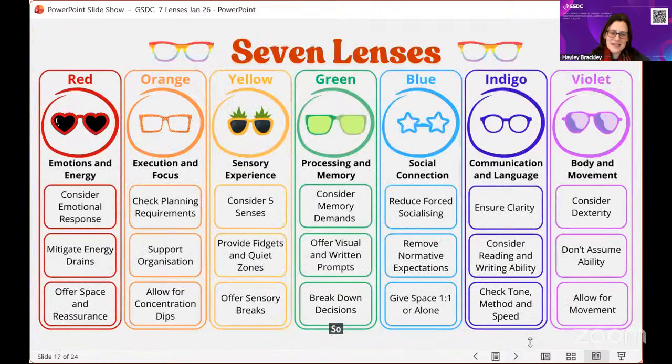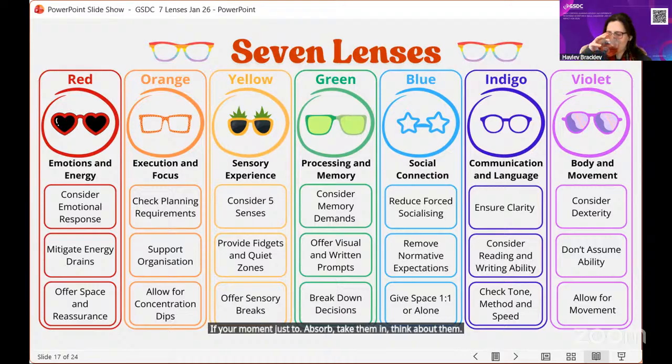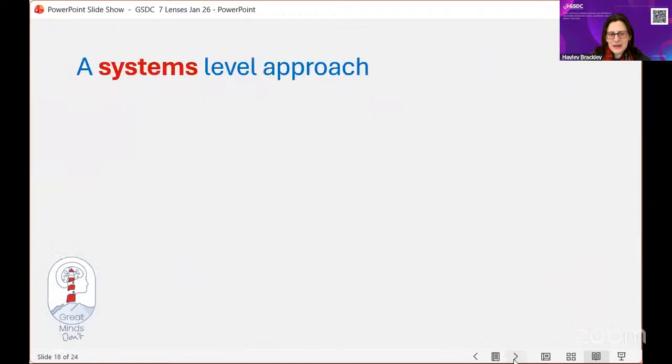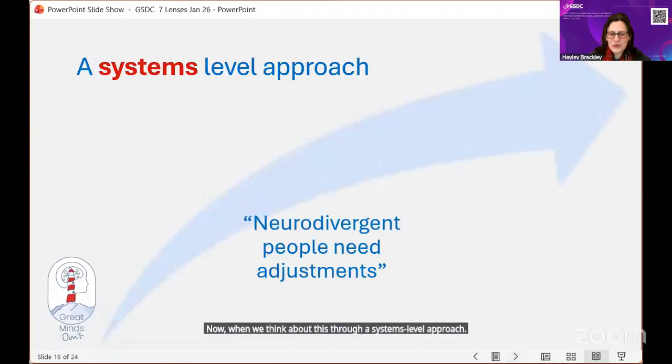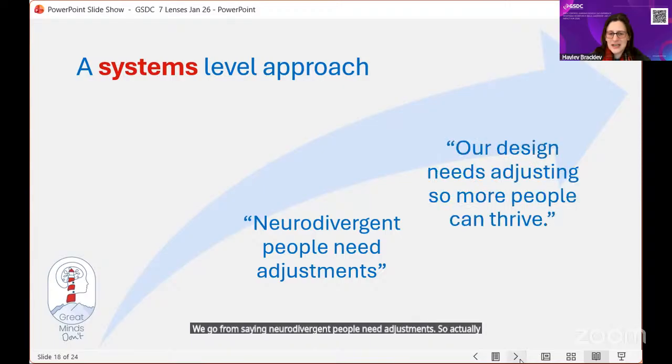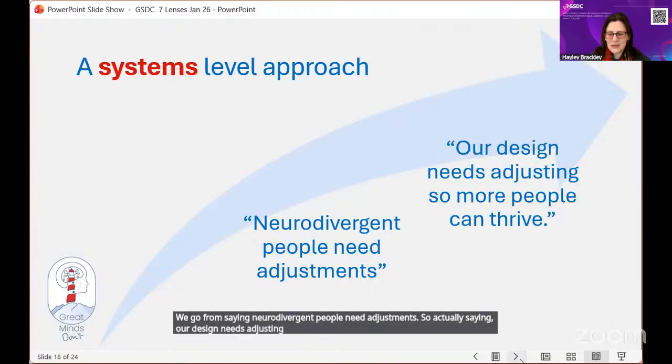So here are the lenses all together. I'll give you a moment just to absorb them, to take them in, to think about them. Now, when we think about this through a systems level approach, we go from saying neurodivergent people need adjustments to actually saying our design needs adjusting so more people can thrive.